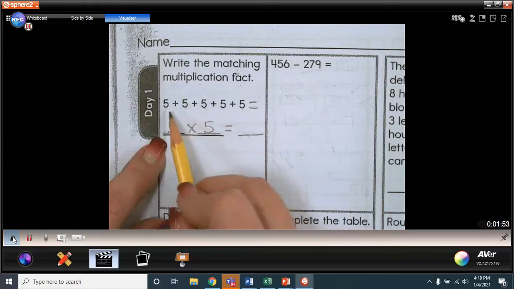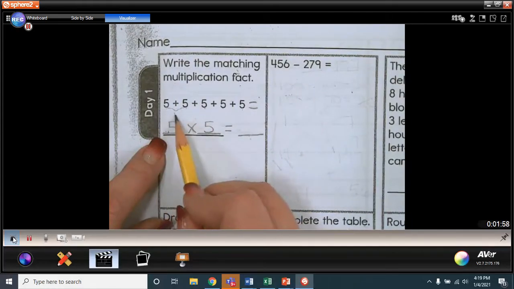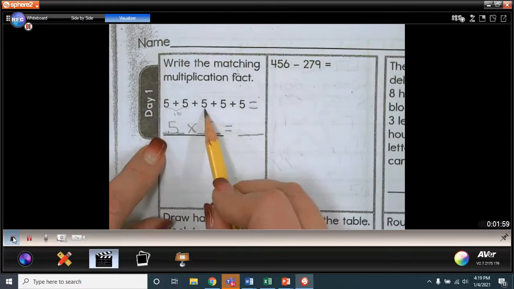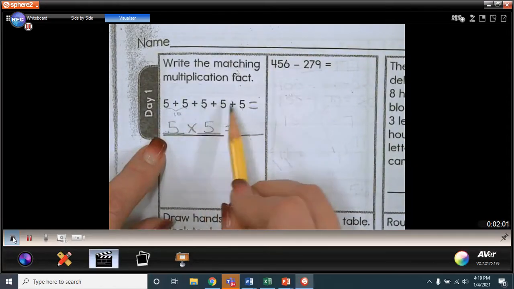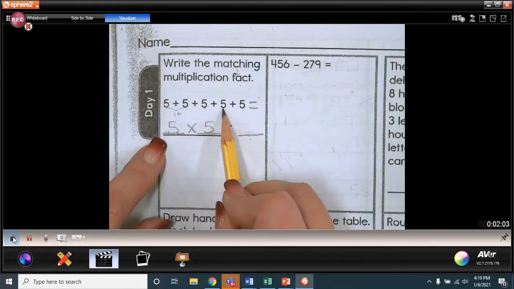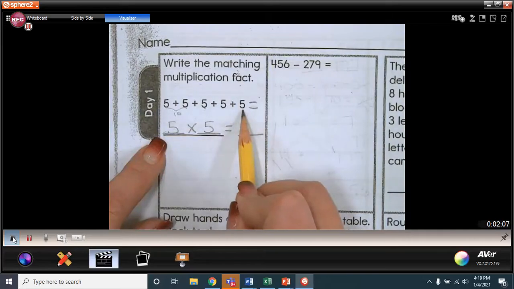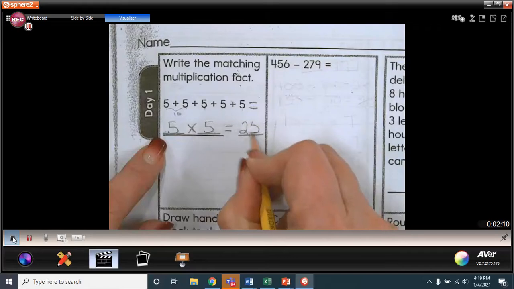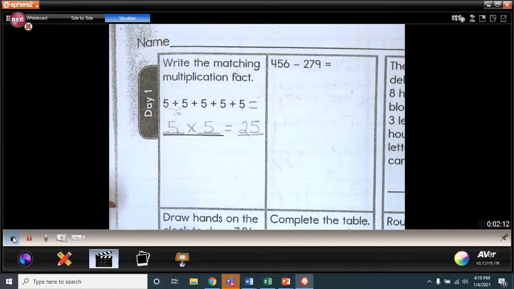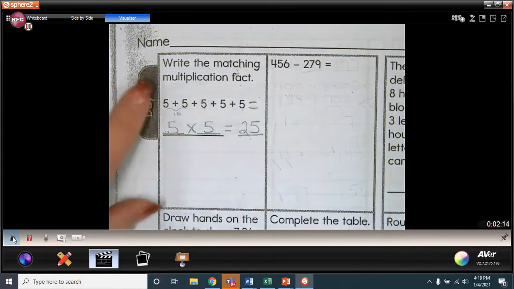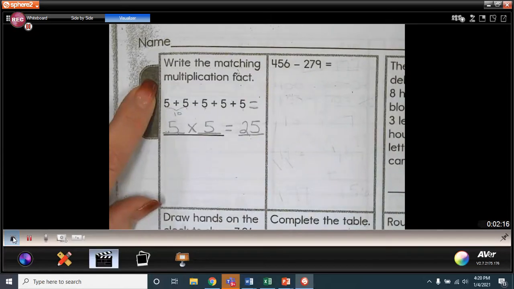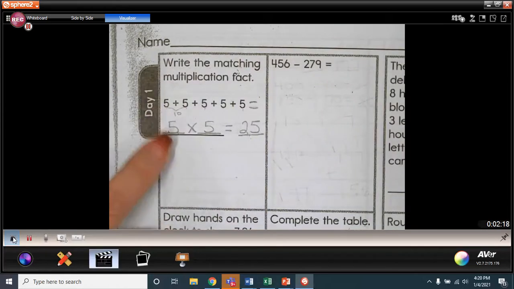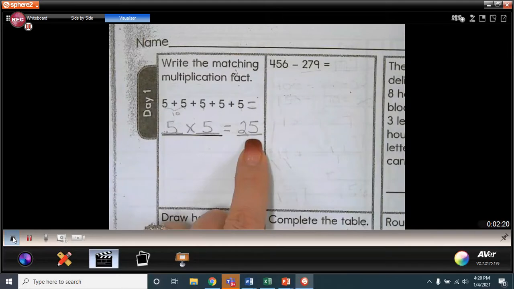If we know how to count by 5s, we can add 5 plus 5 is 10, plus another 5 would be 15, plus another 5 would be 20, plus another 5 would be 25. So that's our multiplication fact from the repeated addition fact to make our product.